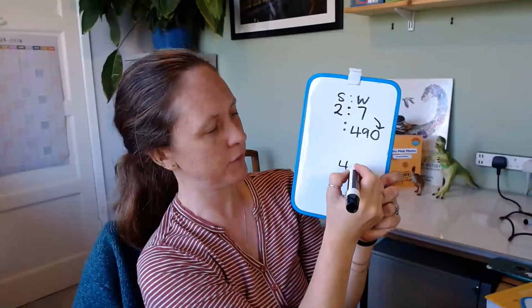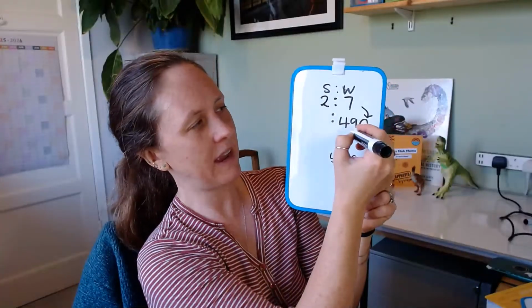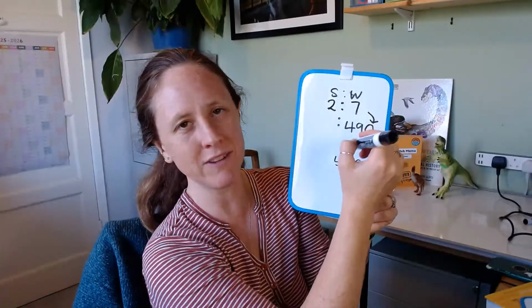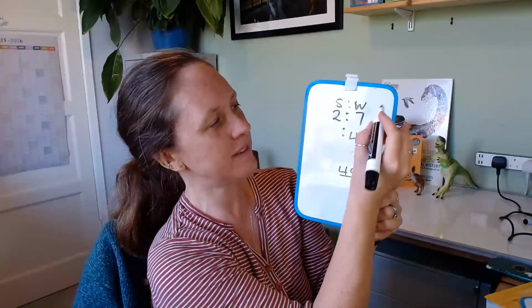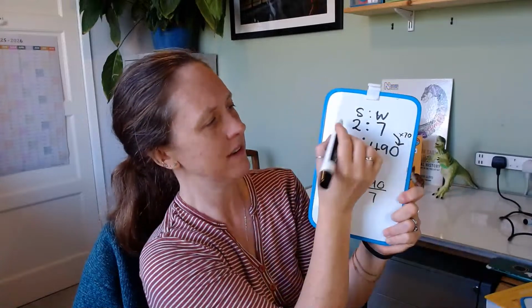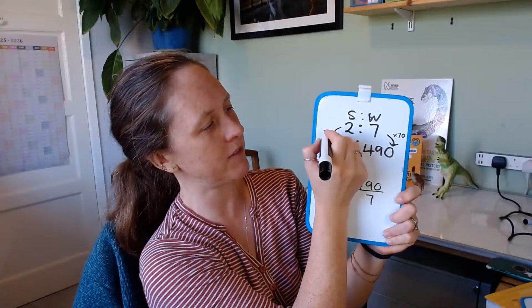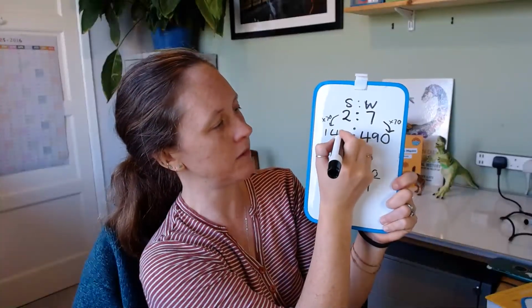Otherwise, you would have had to do 490 divided by 7 to see how you go backwards. And then whatever you divide by, you're going to multiply in that direction to get there. So 7 times 70 is what gives us 490. So I would have to do 2 times 70 to work out how much soap, which gives me 140 mils there.